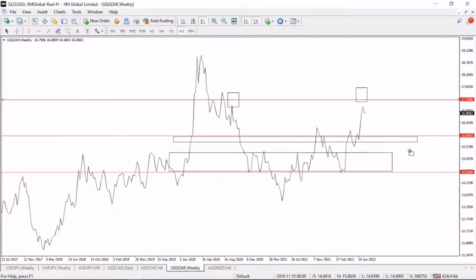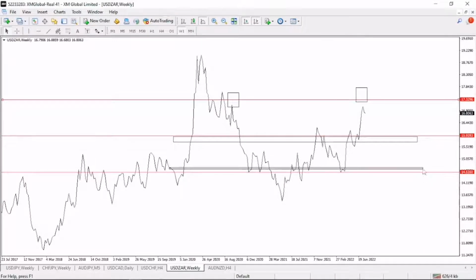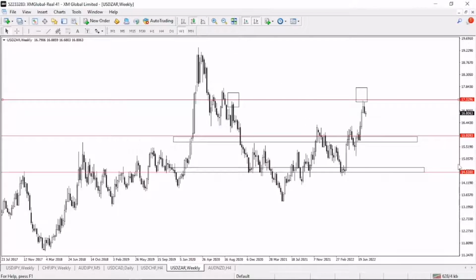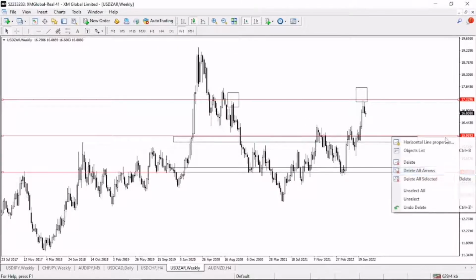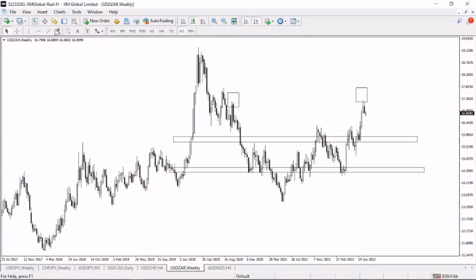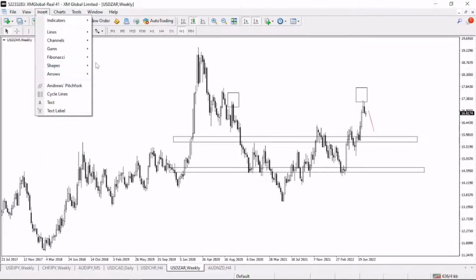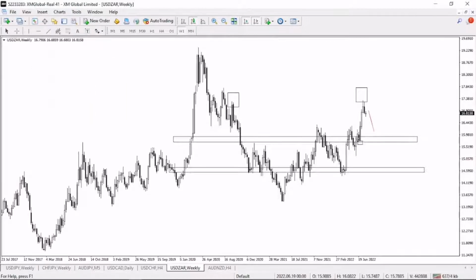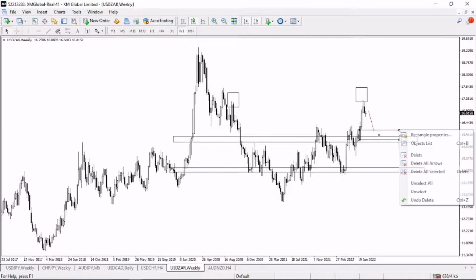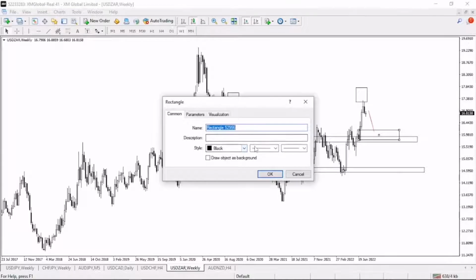That's what we have in the picture, and let me just draw my support and resistance. Remember, guys, support and resistance are very important, only if you know how to place them correctly. So right there we have a decision candle.